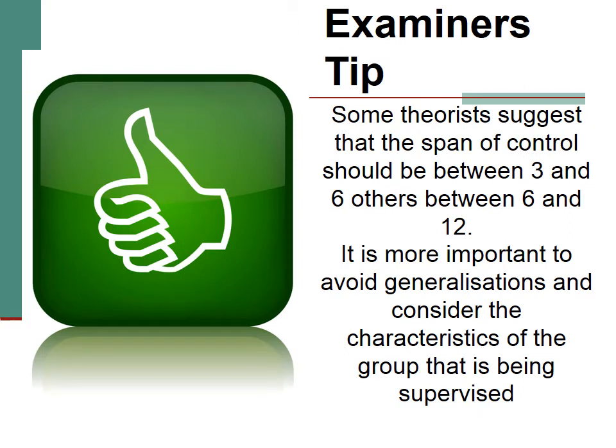Some theorists suggest the span of control between 3 and 6, others between 6 and 12. So it's really important that we don't make sweeping generalizations. It's important that you read the case study fully. You look for indications of what skills, what expertise, how do you think the manager reacts to people.